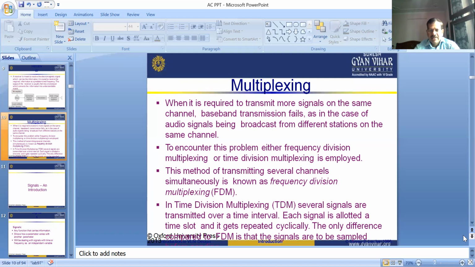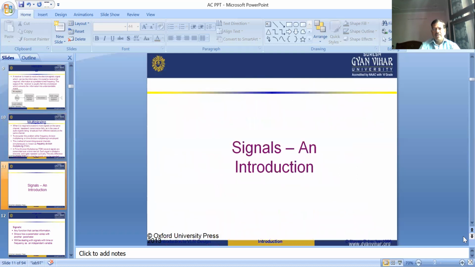The only difference between FDM and TDM is that signals are to be sampled at a particular rate, or a particular time interval.